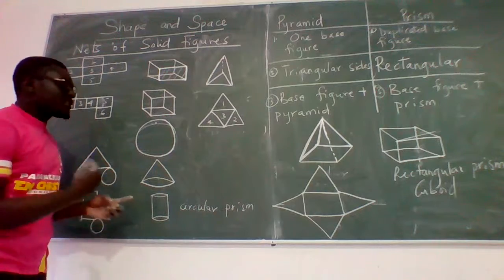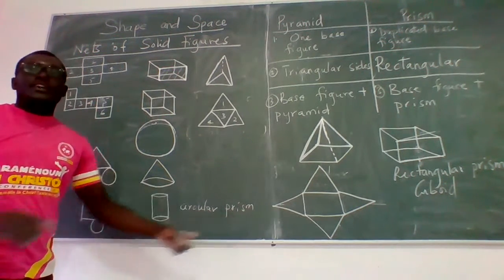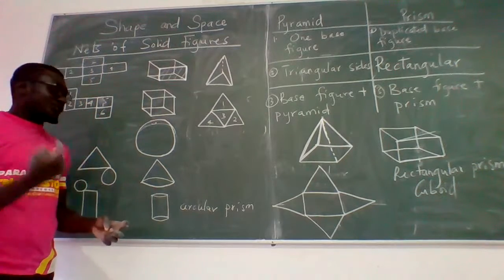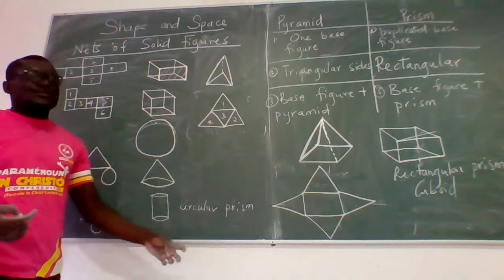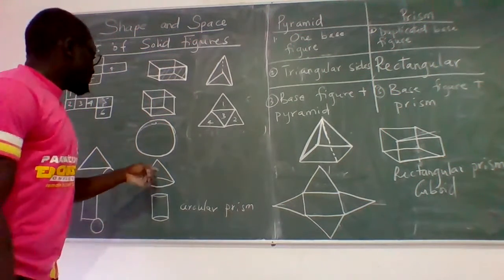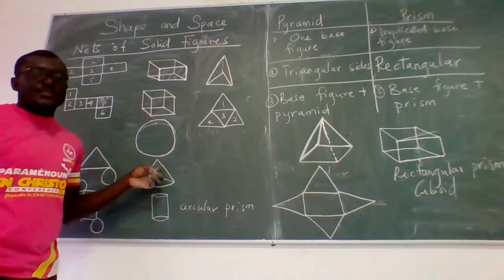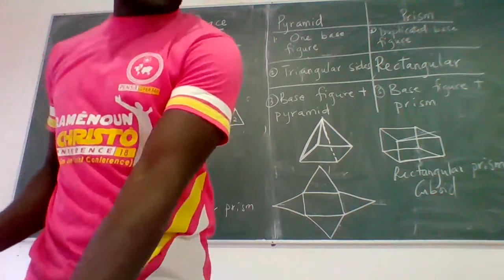And then we said that if you check around it and it is a rectangle, then it is a prism. If you check around it and it is a triangle, then it's a pyramid. So this becomes a prism. Then should this one be a prism or a pyramid? You look for more on that.